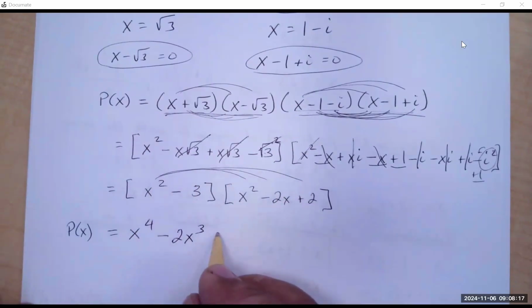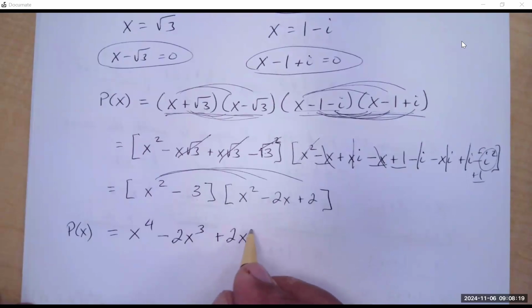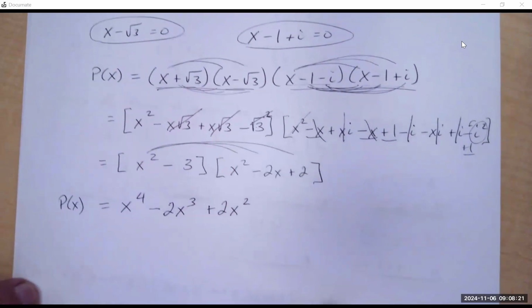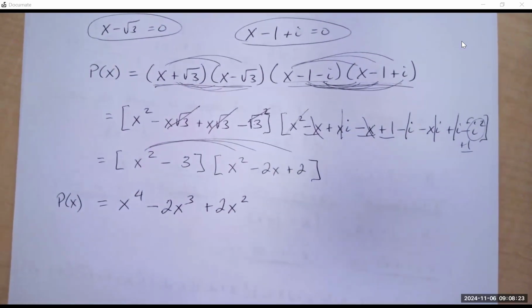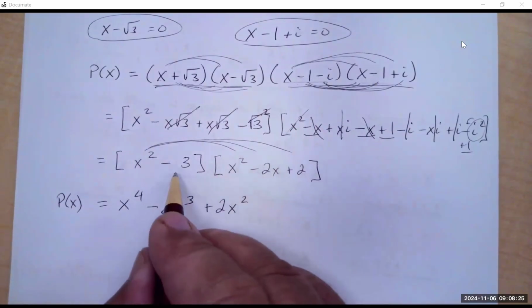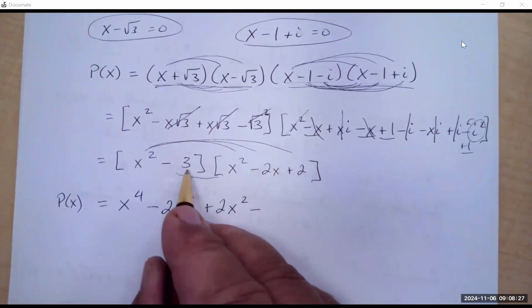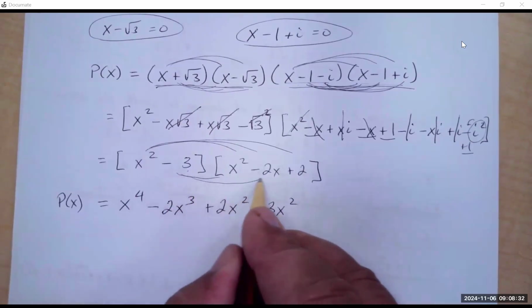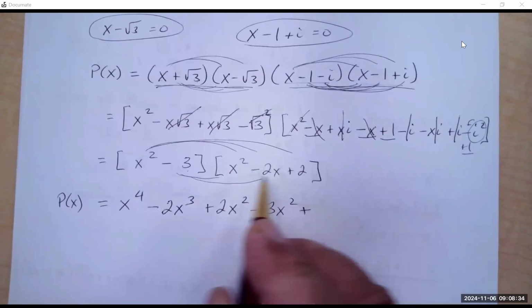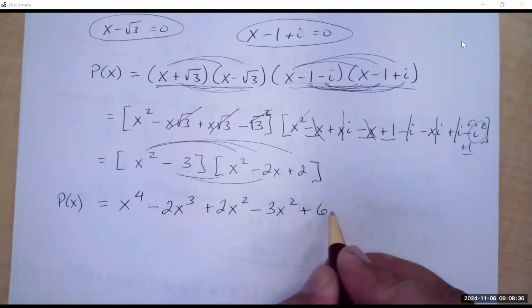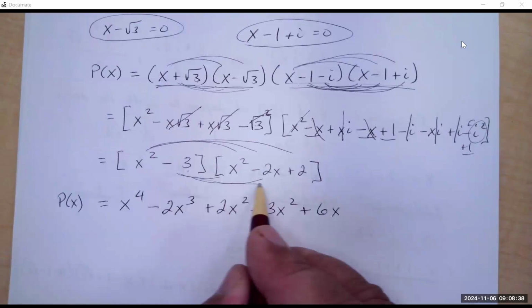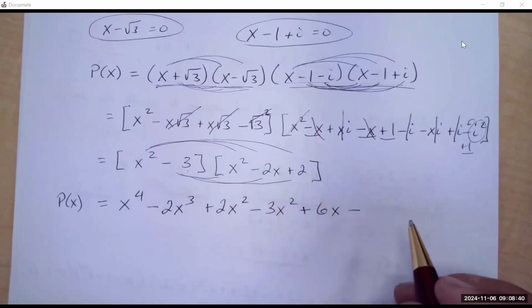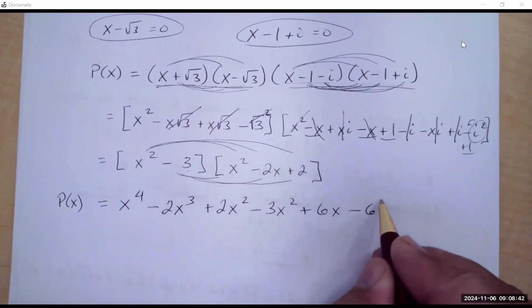Positive times positive is positive 2x squared. Negative times positive is negative 3 times x squared is 3x squared. Negative, negative is a positive 3 times 2 is 6x. Negative, positive is negative 3 times 2 is 6.